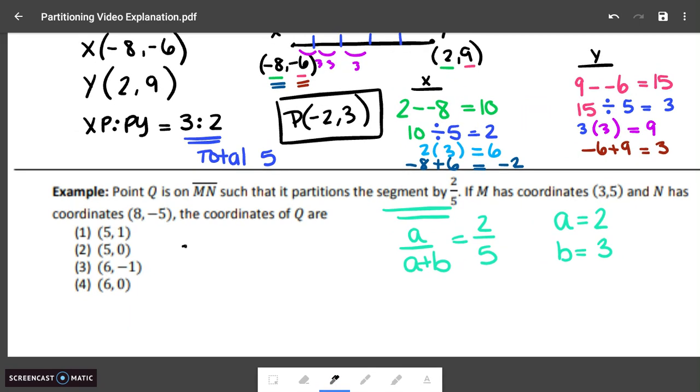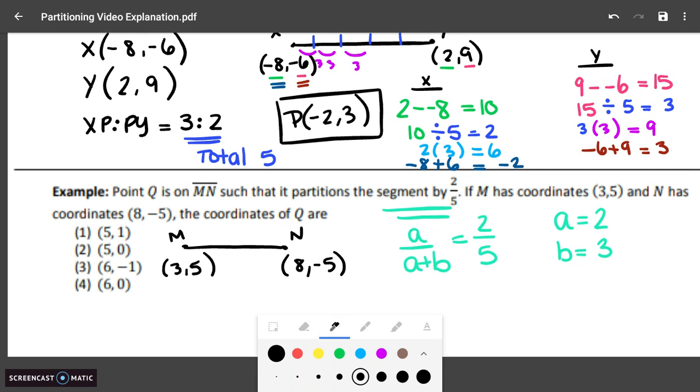I'm going to do the method that I like, where I draw my picture here. So I have the coordinates of M and N. M is (3, 5). And N is (8, -5).